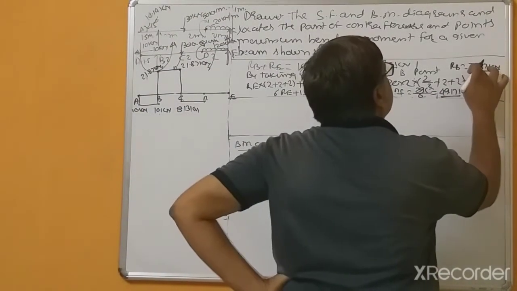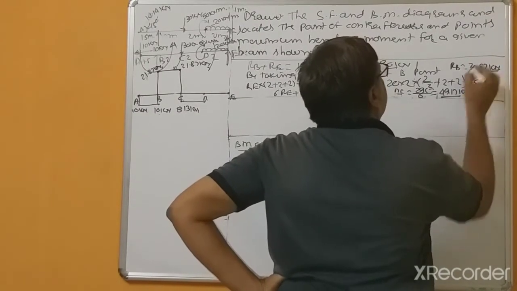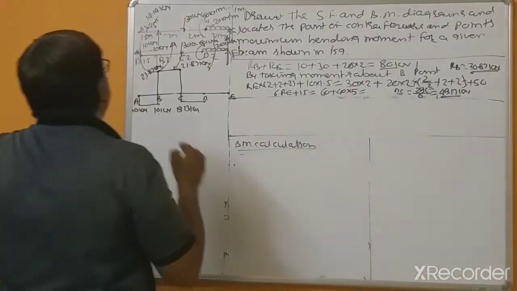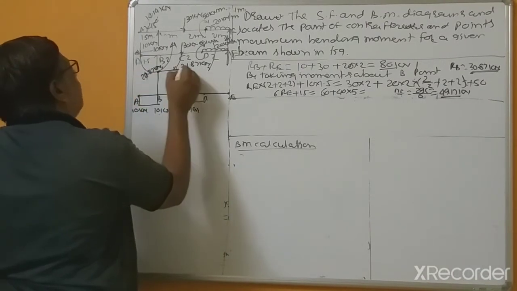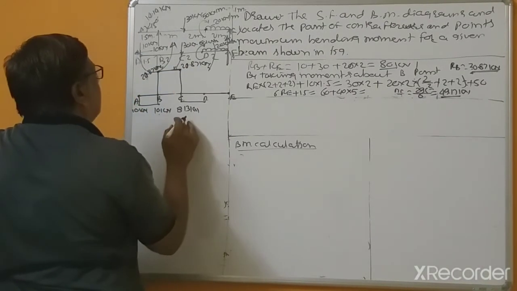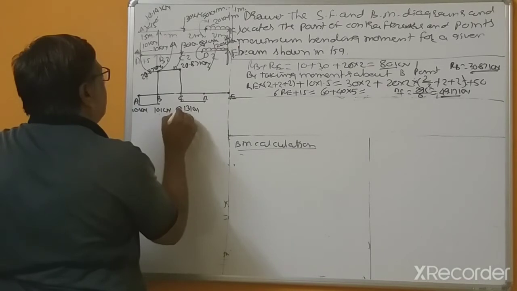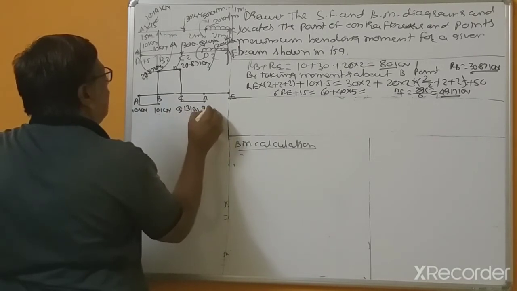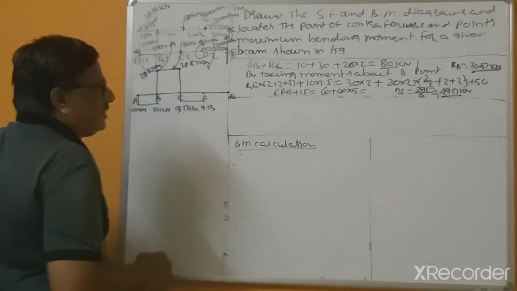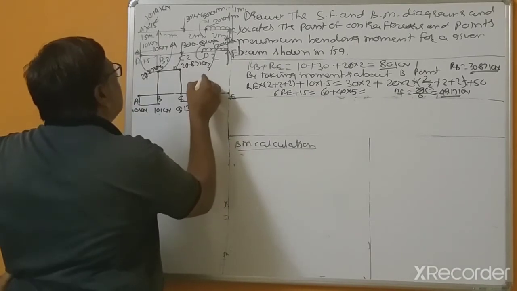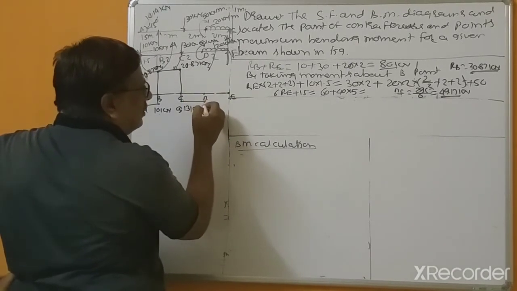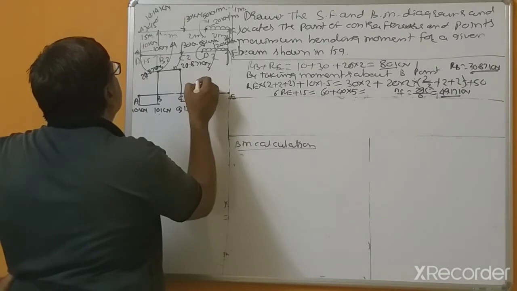Mistake, this is 30.87, this is 20 point, and this is 9.13, so that's why this is equal to 40.